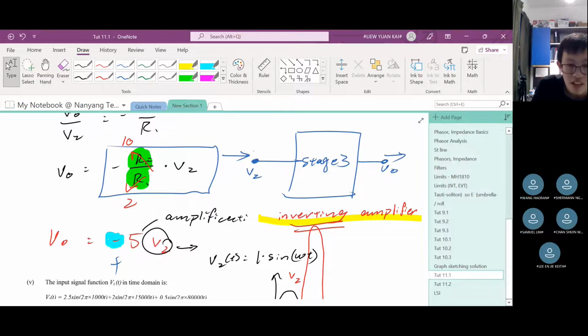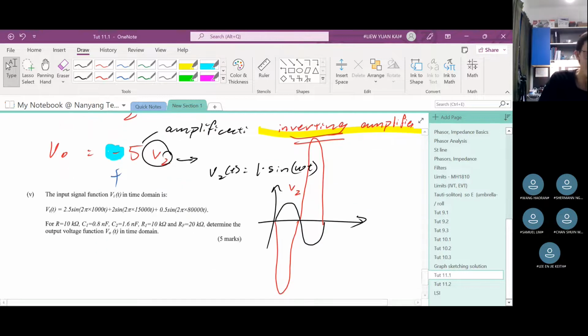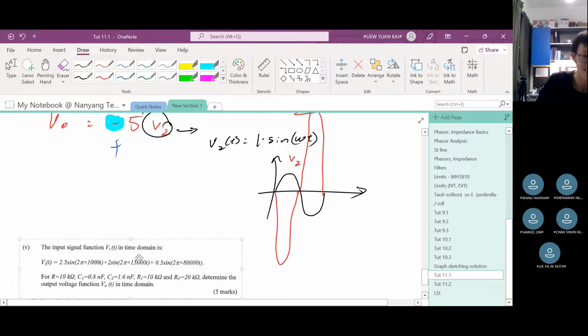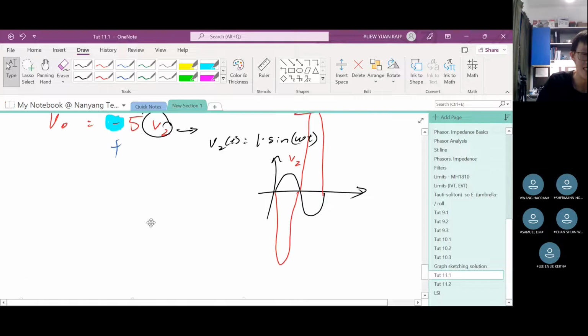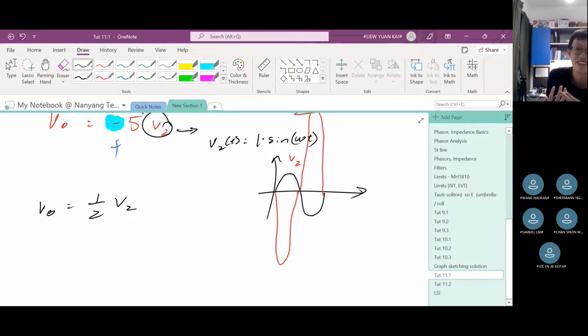I see a message in the chat. Is there any message? Okay, so very good question. I wanted to say that also. So what happens if the scaling value is less than 1? Let's just say V out is equal to half of V2. Yeah, it's called amplification, but we call this an amplification with a scale factor of half, right?